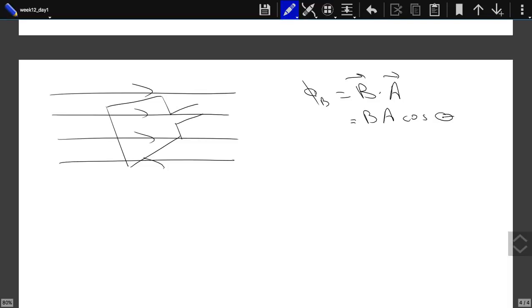If you cause this object to rotate with a constant frequency, then theta as a function of time is equal to omega t plus some delta. It rotates with a constant frequency, and at t equal to 0 it might have some initial angle. Then the flux will be changing as a function of time: BA cosine omega t plus delta.